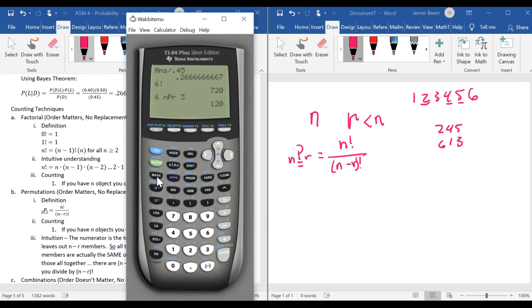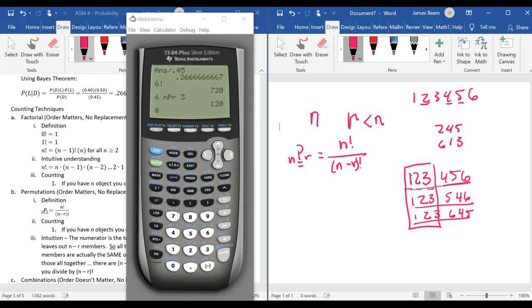Now, why am I dividing by n minus r? All right, so if you think about this, if I pick the balls 1, 2, 3 first, then the other ones, 4, 5, 6, don't matter. So it doesn't matter what order these other ones come in. These permutations are all the same because I only care about the first 3 balls.